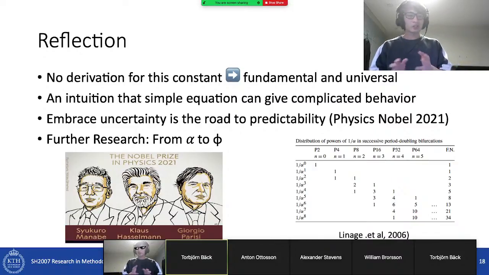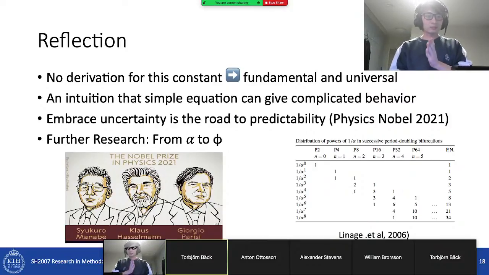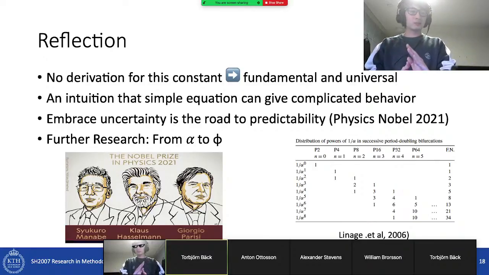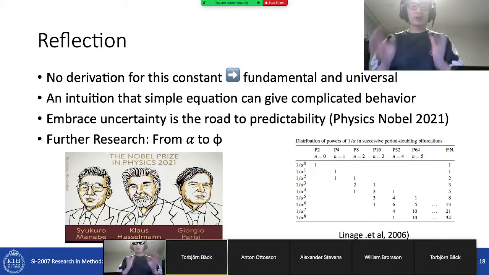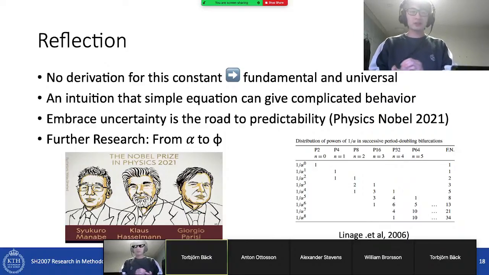Phi is related to the Fibonacci numbers. If I find the ratio of the successive period-doubling bifurcations, I can find some predictability of the Fibonacci number. The golden ratio is the most irrational number in the universe. If I can really find it, it will be something original.